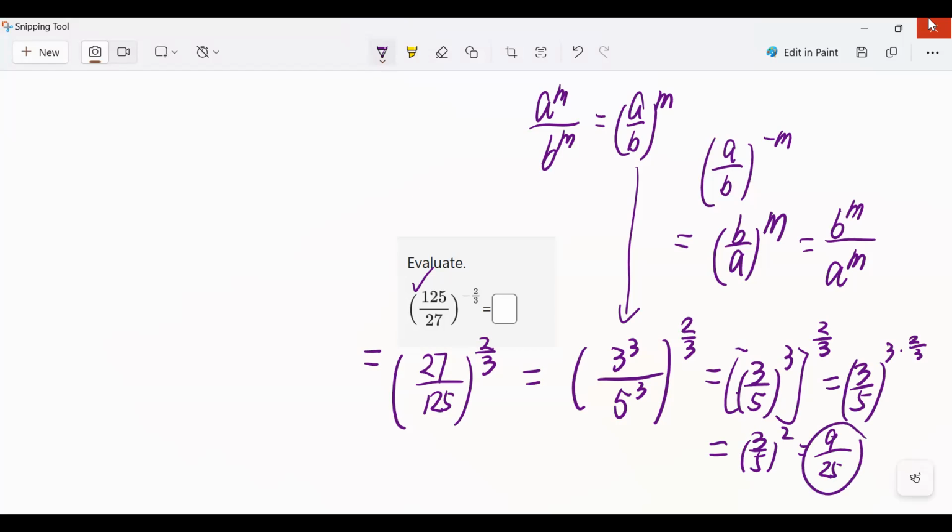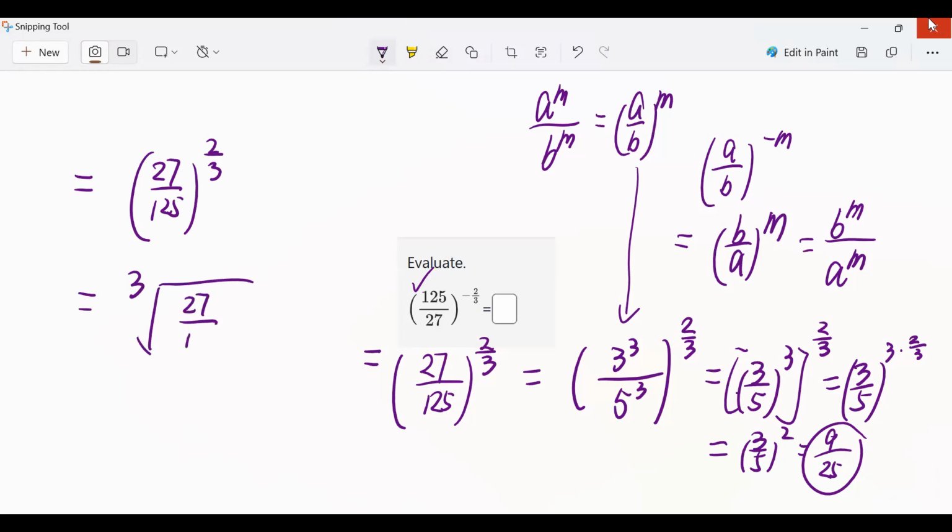Basically, that's how you do it. If you want to take the root, I think you're still going to do the transformation first, meaning get rid of that negative sign first. So you get 27/125. That makes it so much easier. To the 2/3. Now we can turn it to the root of 27/125 to the second power. Now we do cubic root. Similarly, 27 is 3 cubed and 125 is 5 cubed.